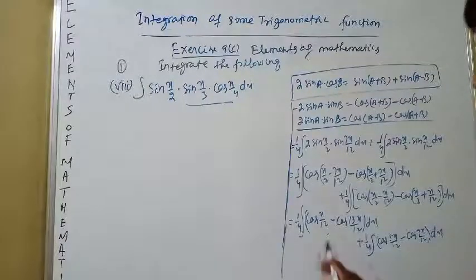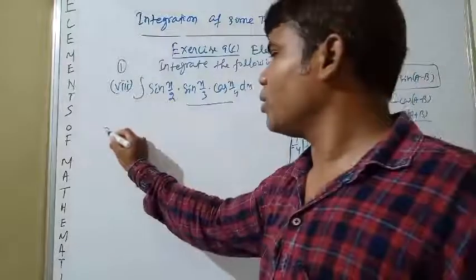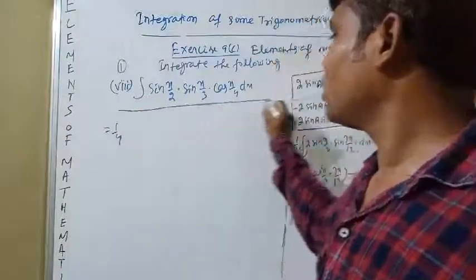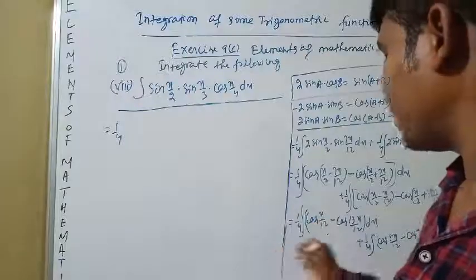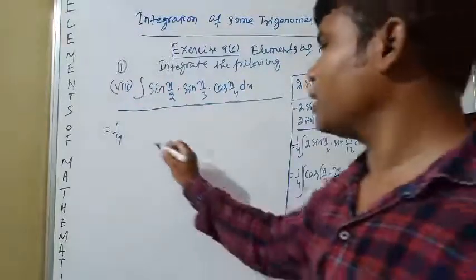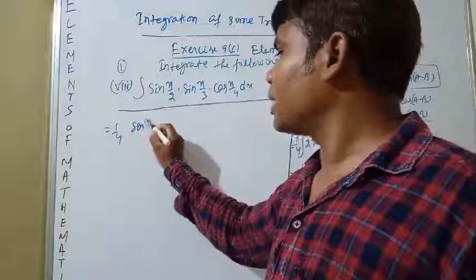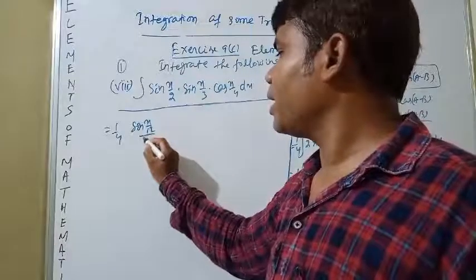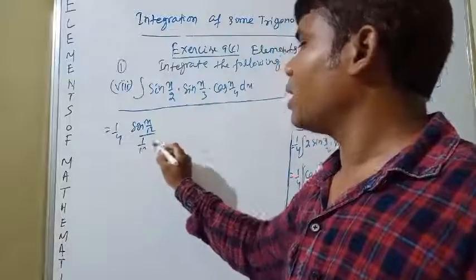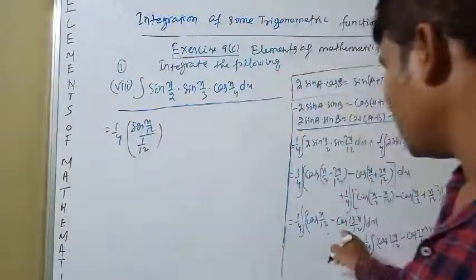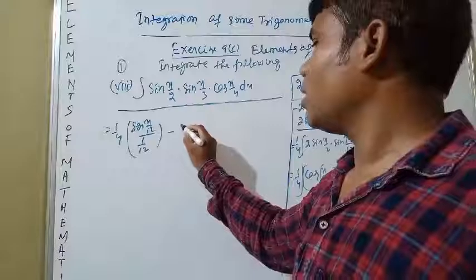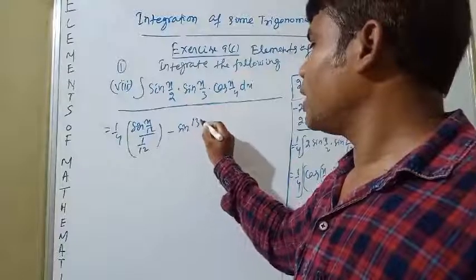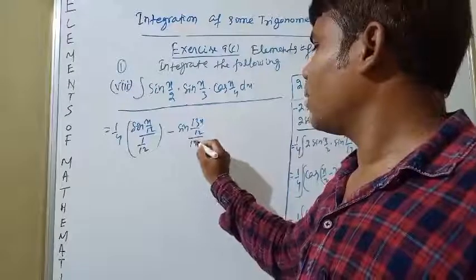Now you see, it is equal to 1 by 4, integration of cos x by 12, that is sin x by 12 divided by 1 by 12. Here cos 13x by 12, that is sin 13x by 12 divided by 13 by 12.